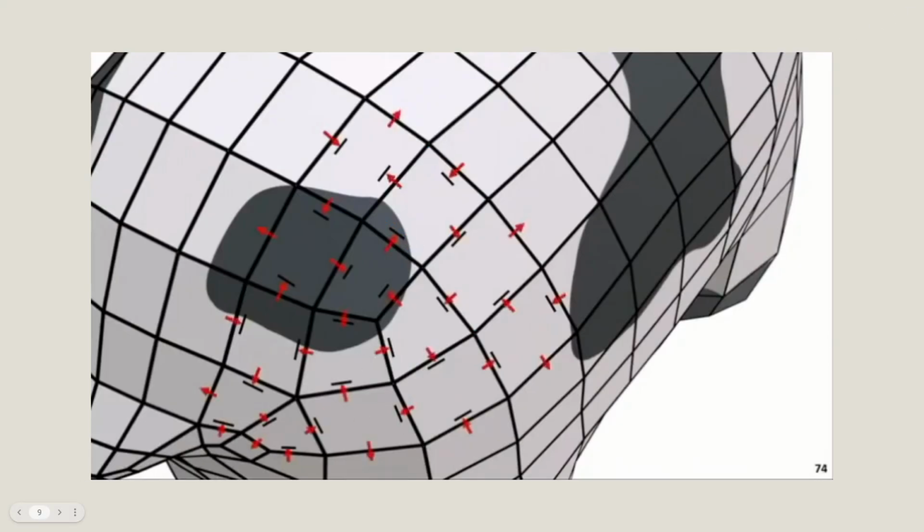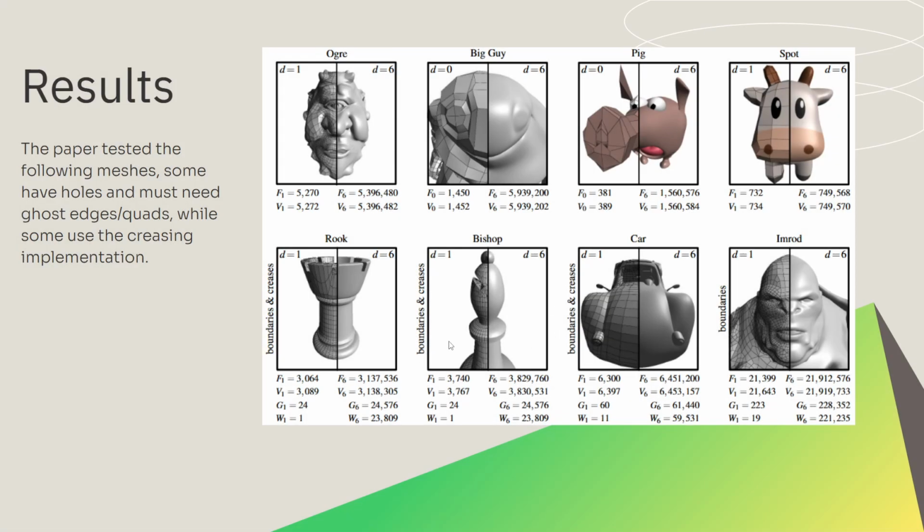So, getting a move on here, because I am running low on time, I'll talk about the results. So they have a lot of meshes here. They have a mix of normal meshes, meshes with holes that need to be filled with these ghost edges and quads, and some use creasing, right?